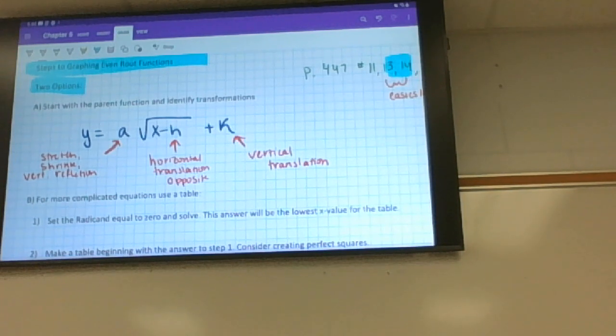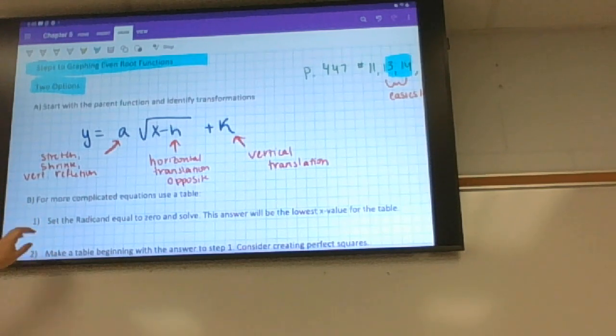Next week we'll get into some more complicated ones. If it's more complicated, you might want to try this strategy. You set the radicand equal to 0 and solve it, and that is where you'll start your table. If there are so many different numbers going on that you can't figure out how to move your graph around, you could try this.